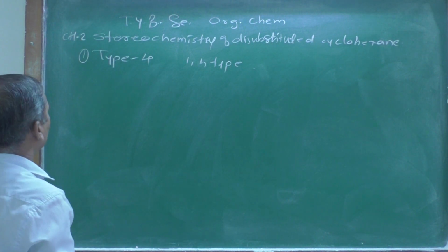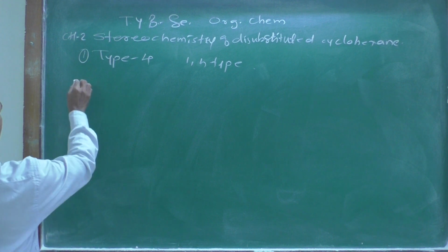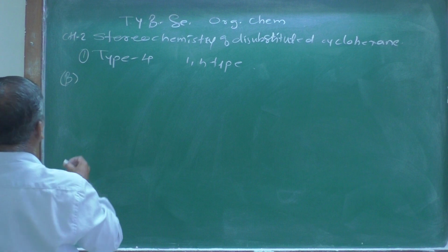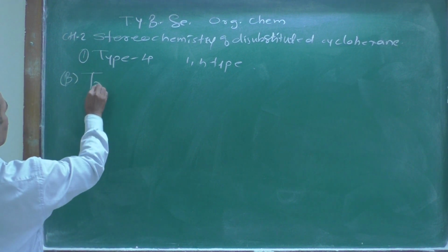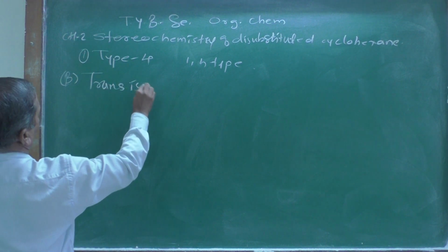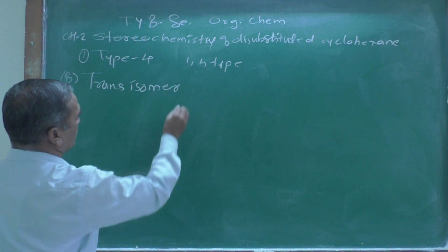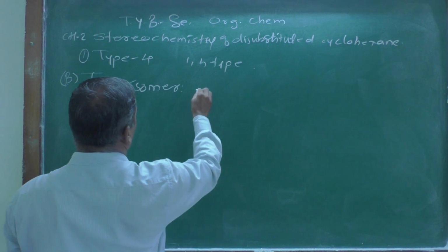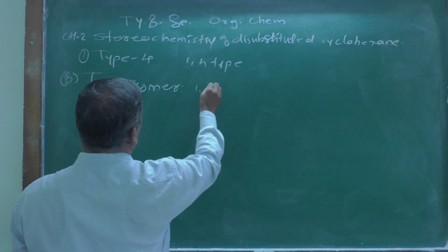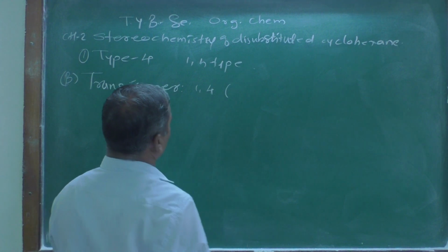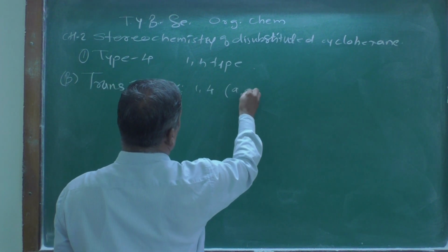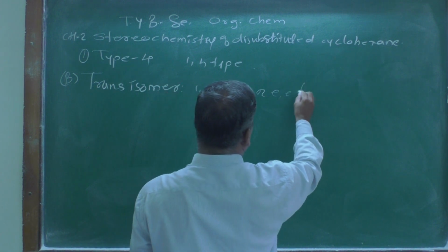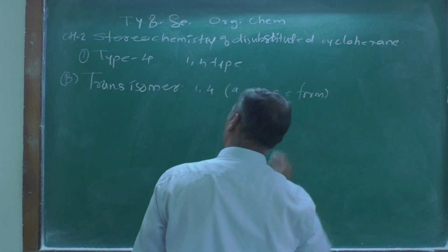Today we are going to discuss the second part, which is the B part, known as the trans isomer. In the trans 1,4 isomer, the form is either AA or EE, right? AA form or EE form.